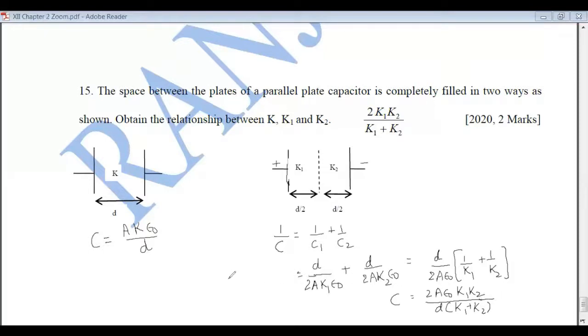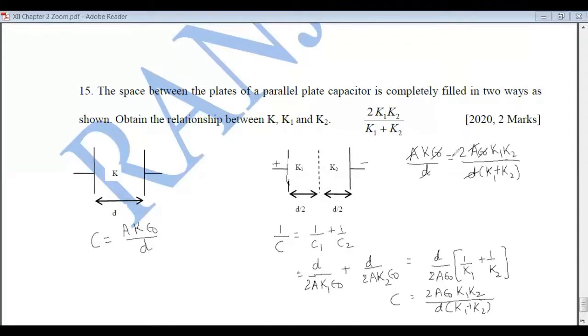Okay, so these two have the same capacitance. Let us equate these two. We get A K epsilon naught upon D is equal to 2A epsilon naught K1 into K2 upon D into K1 plus K2. On simplifying, A and A cancel out, and D cancels out.